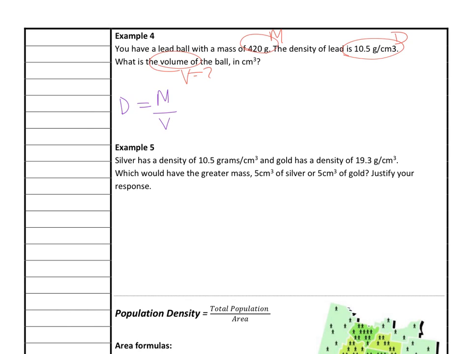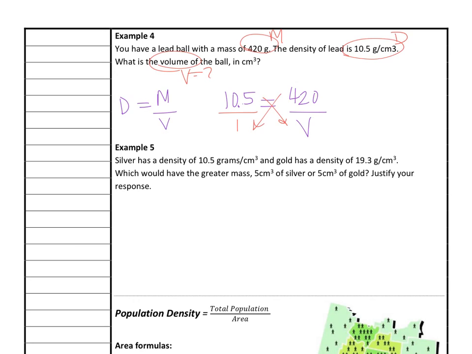I know the D, the density, is 10.5, so I have 10.5 equals the mass of 420 over the volume, which I don't know. And in this case, we're going to want to put this over 1 so that we can cross multiply. So you plug in what you know and you solve for what you don't have.